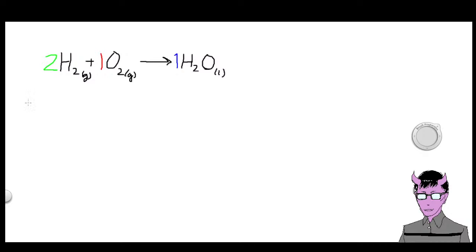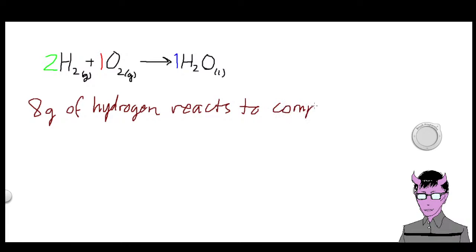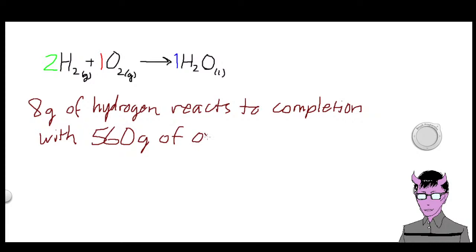So the question is going to be 8 grams of hydrogen reacts to completion with 560 grams of oxygen. How many grams of water is generated?